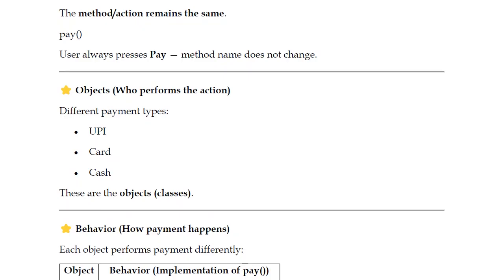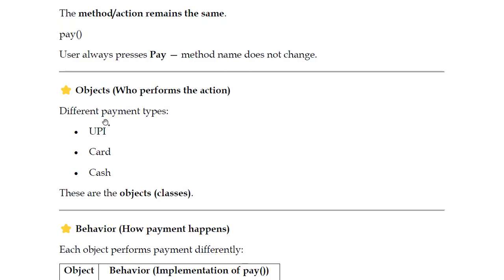What is the task? Are you paying the EB bill? Are you paying the recharge bill? Are you paying the food order bill? So the objects are differing. Depending upon that object, the payment also differs.